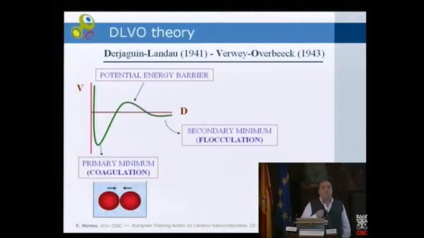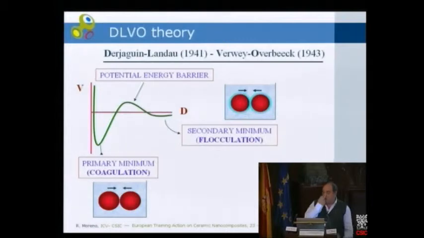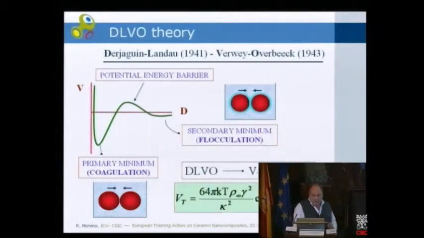Coagulation means that we have touching surfaces. In the secondary minimum, we have particles attracting each other, but there is some intermediate layer impeding the direct contact, so this is a situation in which we can redisperse the suspension.